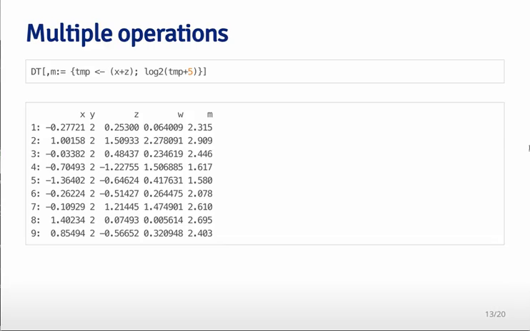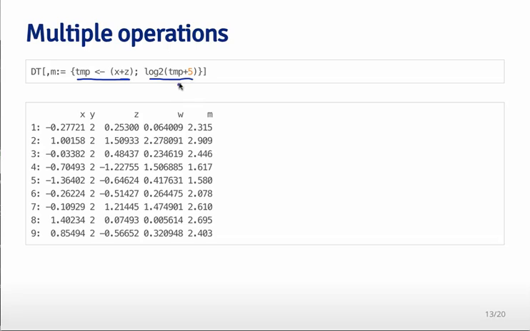So the next thing that you can do is you can actually perform multiple step functions to create new variables. So for example, here I have an expression. See, it starts with a curly bracket and it ends with a curly bracket, and each statement is followed by a semicolon. So the first statement is I'm going to assign to the temporary variable the values of x plus z, and then I'm going to take the log base 2 of that temporary variable plus 5.